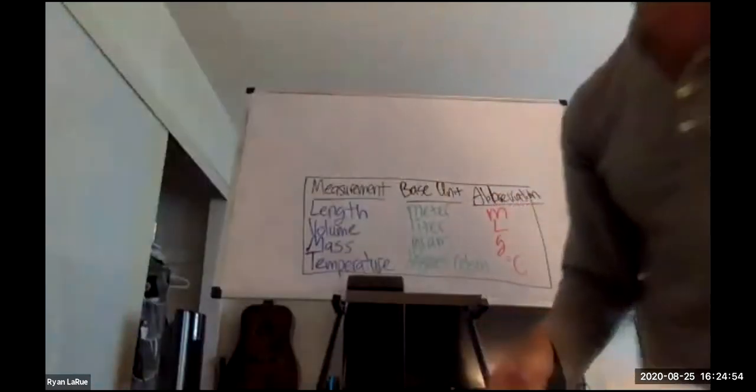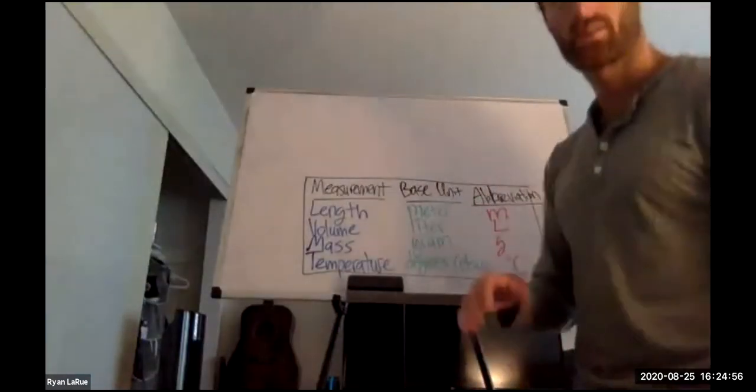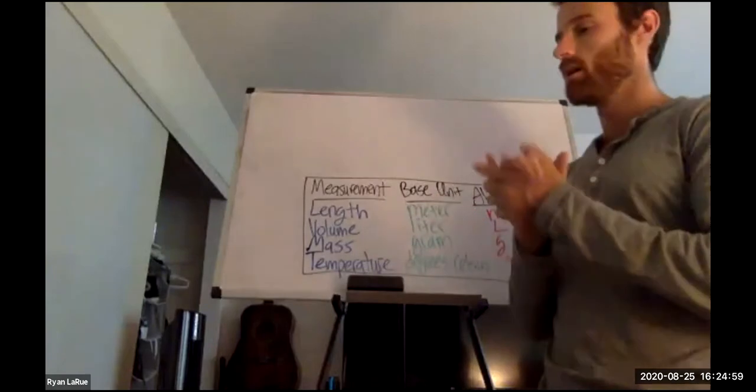In this table, you have lots of prefixes. They're abbreviations, and then the meaning. And importantly, in the middle of the table, you have the base unit. So we're going to start with length for right now.